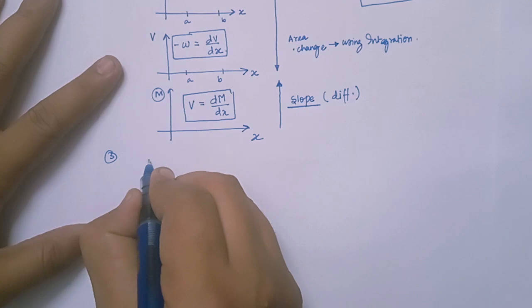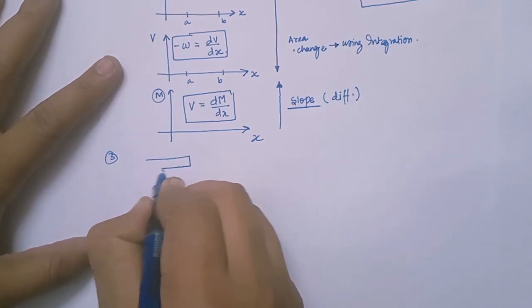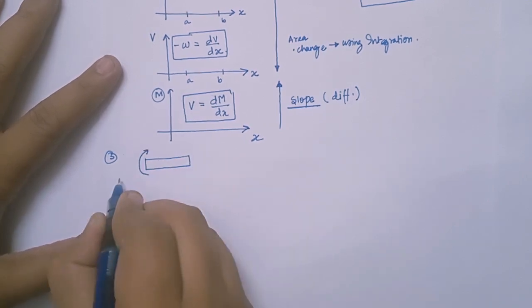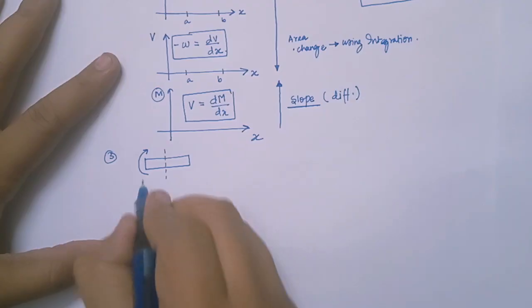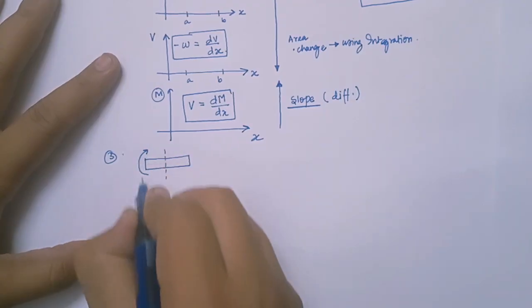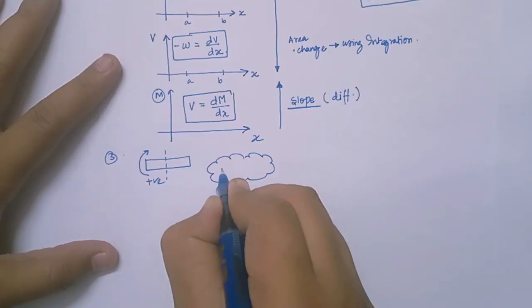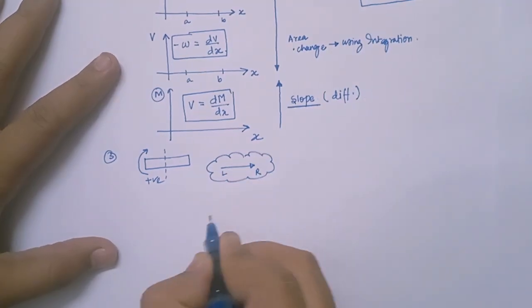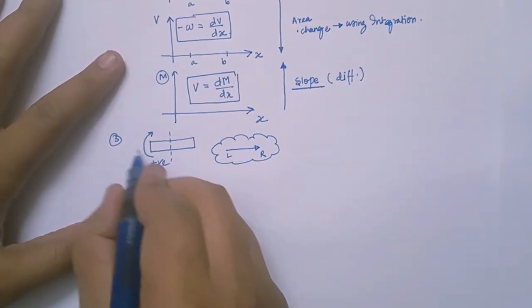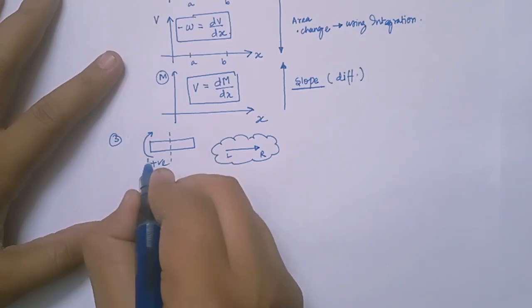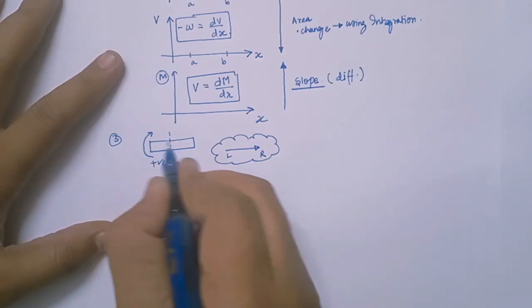Third, now we should know the sign convention. Like if there is a beam and on this side, see very carefully, it is usual. On the left hand side, if it is in clockwise direction, I'll take it positive. And just remember, we will do the calculation from left to right. So on the left side, if clockwise is positive, just the opposite you will do on the right side.